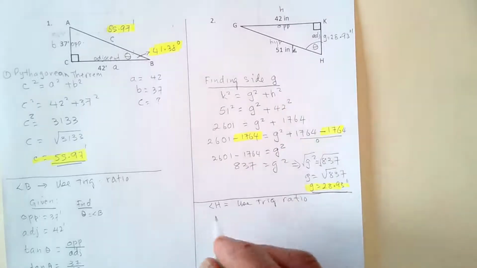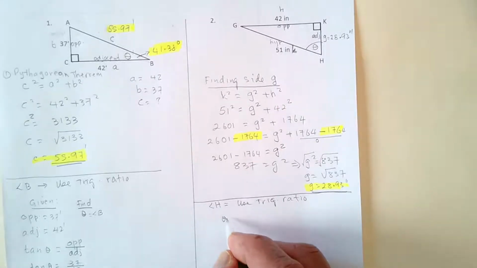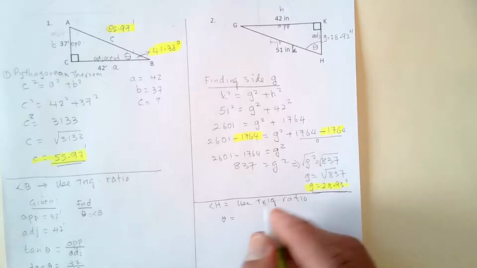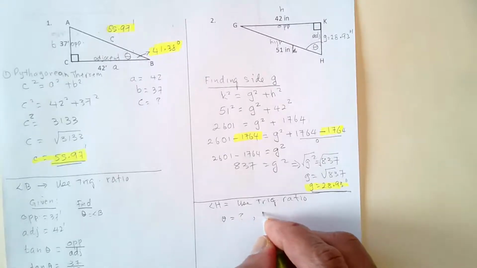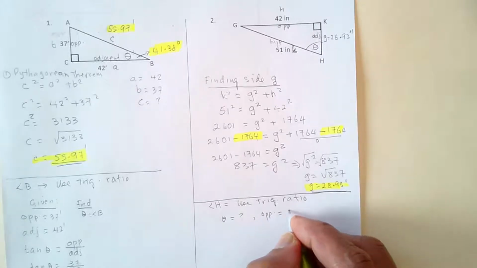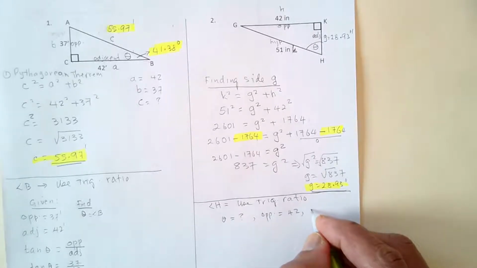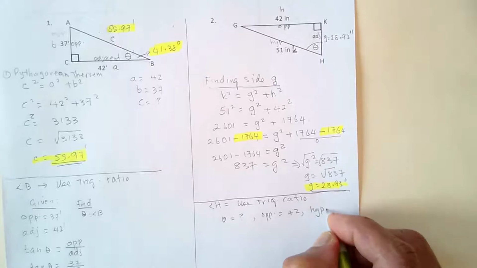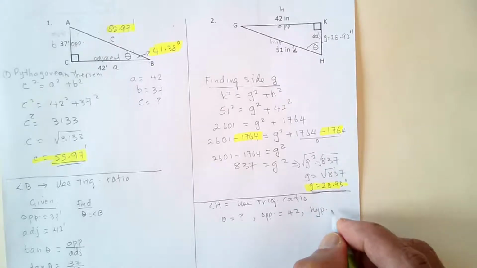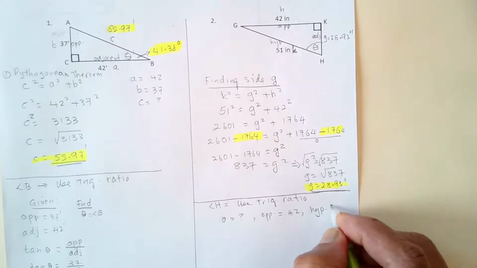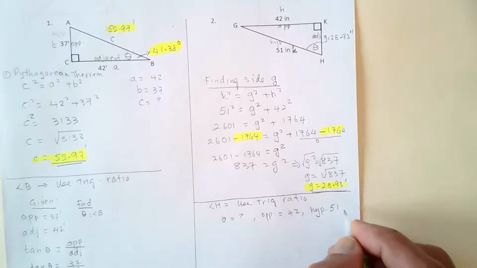So what is given? We need to find theta, which we don't know. We're given the opposite side, which is equal to 42, and we're given the hypotenuse. We're just using these two sides, but we have found the other side.